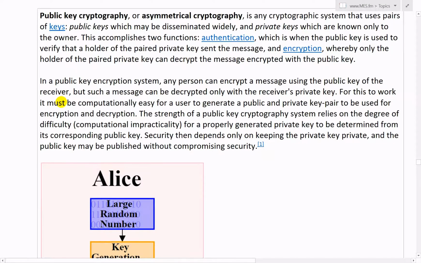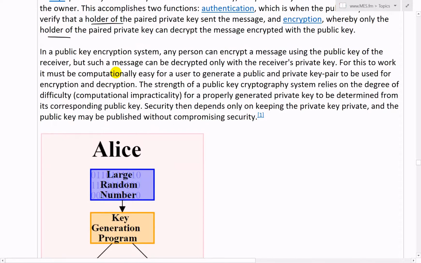This accomplishes two functions: authentication, which is when the public key is used to verify that a holder of the paired private key sent a message, and encryption, whereby only the holder of the paired private key can decrypt a message encrypted with the public key. In a public key encryption system, any person can encrypt a message using the public key of the receiver, but such a message can only be decrypted with the receiver's private key.